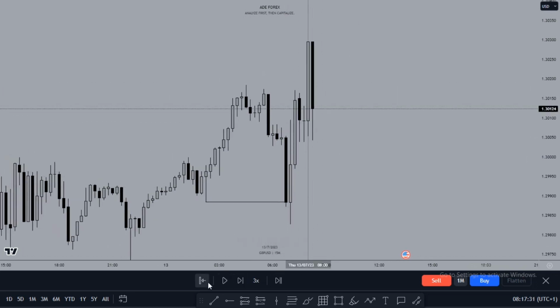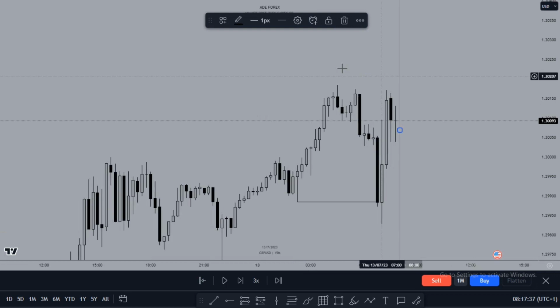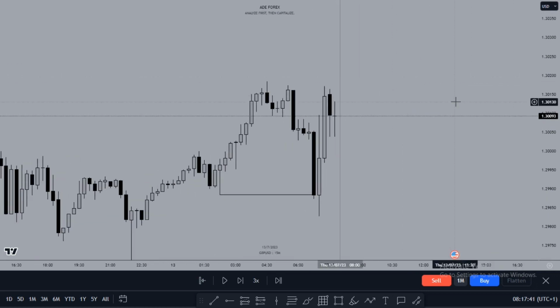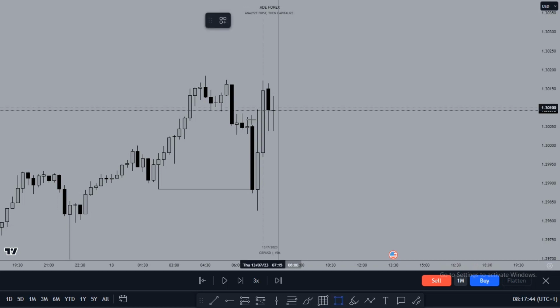Oh my god, let me actually reverse. Let me take that back. All right, let me be snappy with it. So basically, I was looking at this particular area, waiting for what price would do if price reverses to this area.